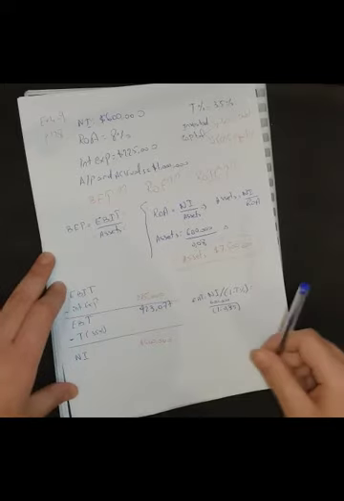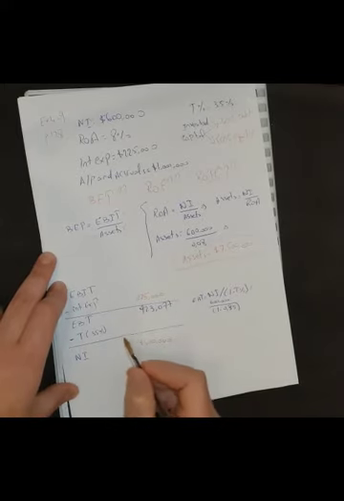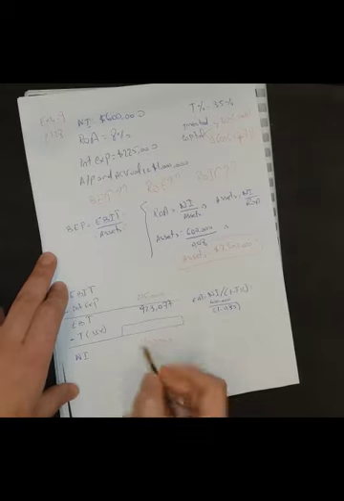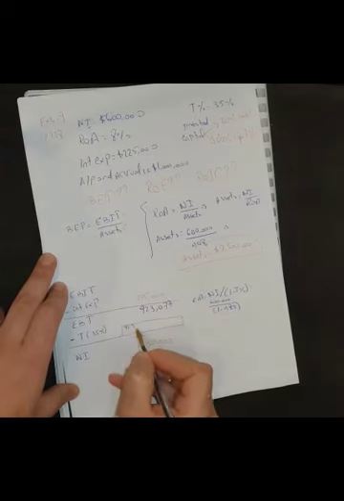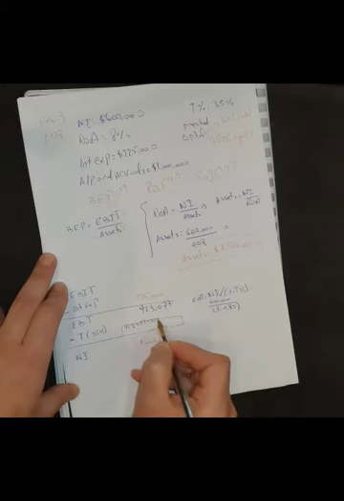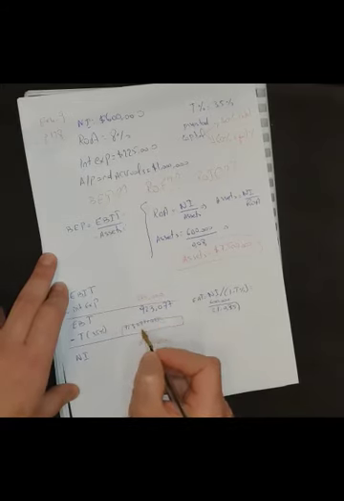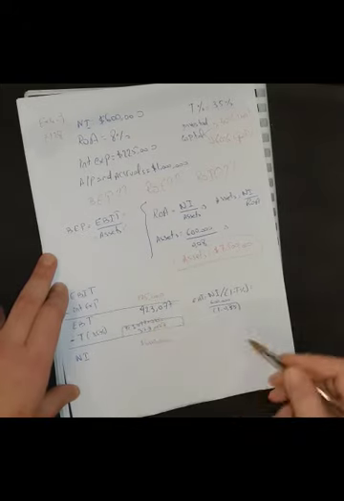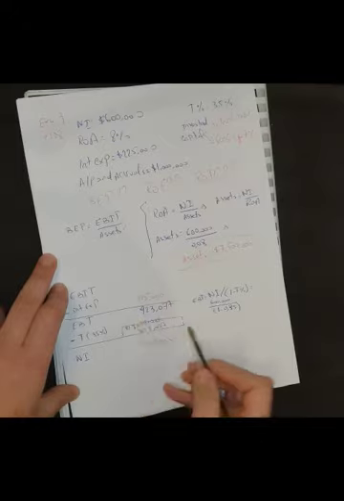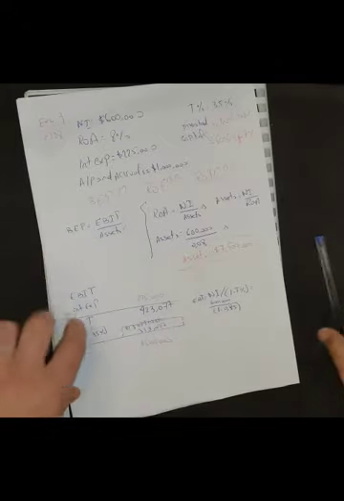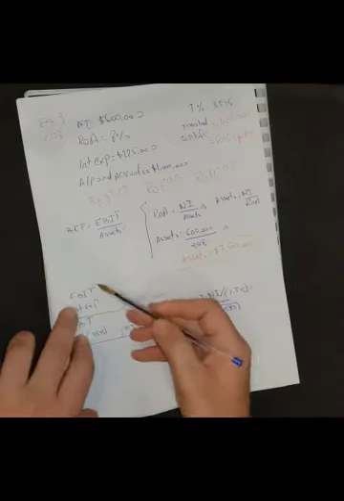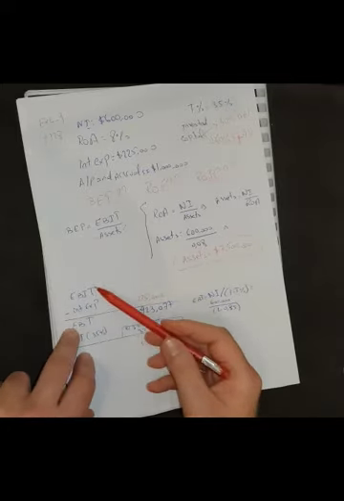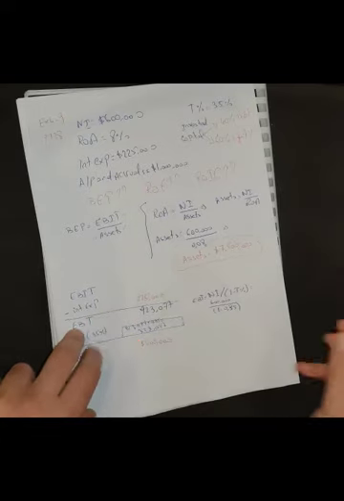923,077. For tax, it is not required to find tax, but we can calculate tax. 923,077 times 0.35 equal 323,077. However, it is not necessary to find the tax in this exercise. To find EBIT, EBIT minus interest expense equal EBT. So EBIT equal EBT plus interest expense.